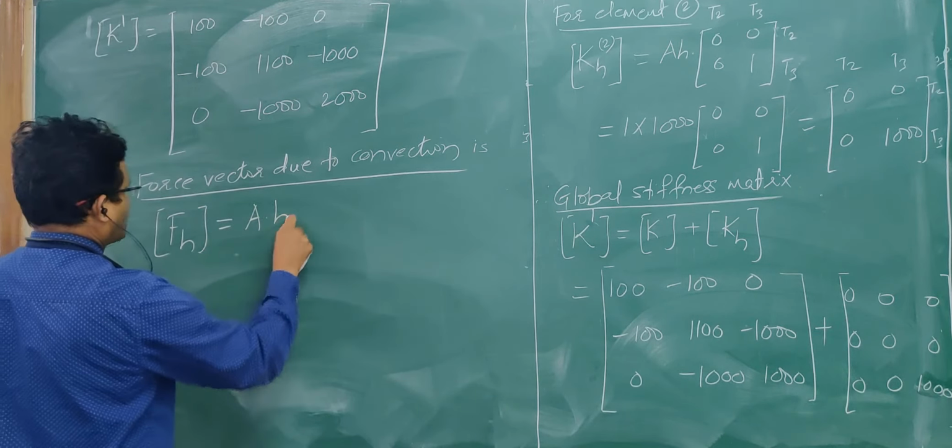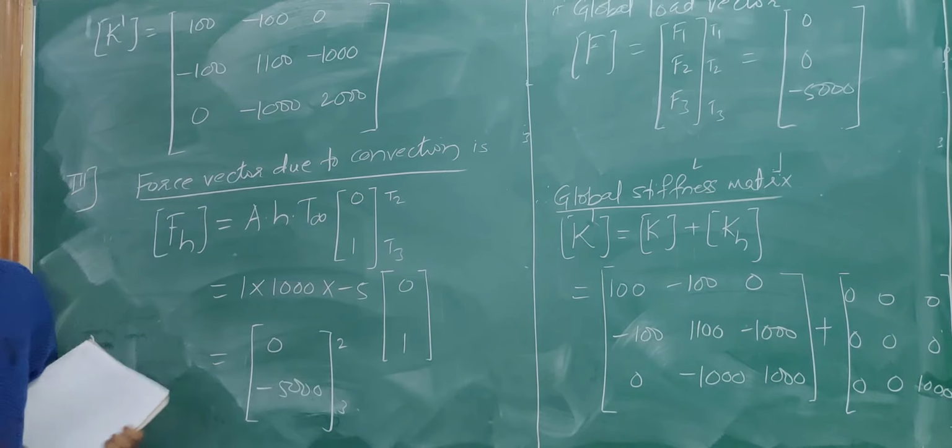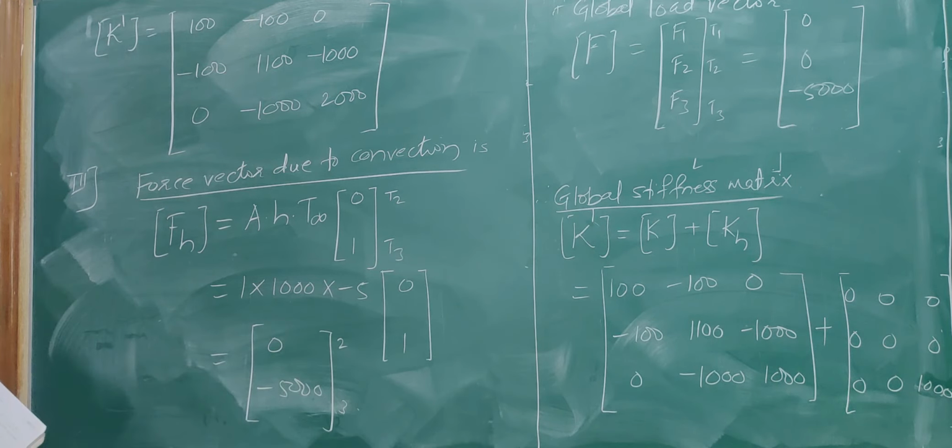So F1 will be 0, F2 again is 0, and F3 is minus 5000. So this is my global load vector. Now I'll apply the thermal equilibrium equation and calculate the unknowns, that is nothing but the temperatures.